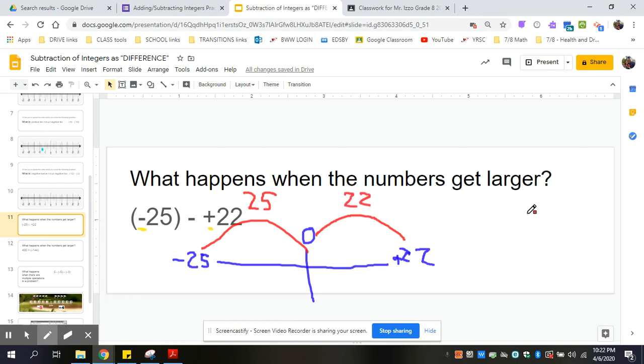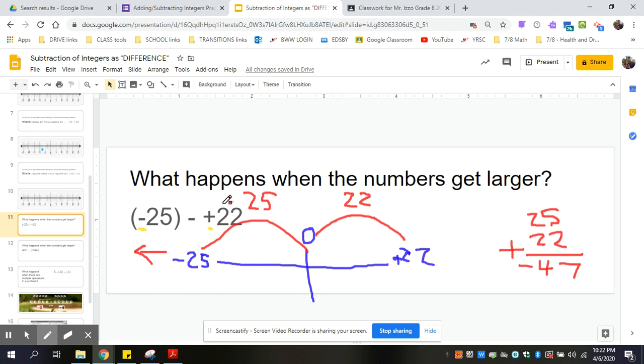Stack the numbers together. Negative 25 minus 22. I know it's going this way because that's subtraction of a positive number. So the answer is going to be negative 47.